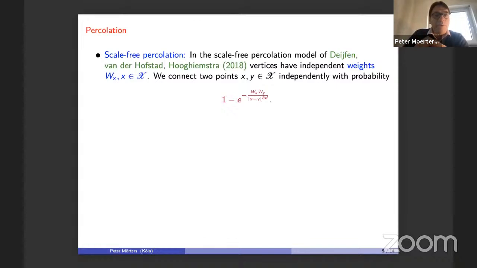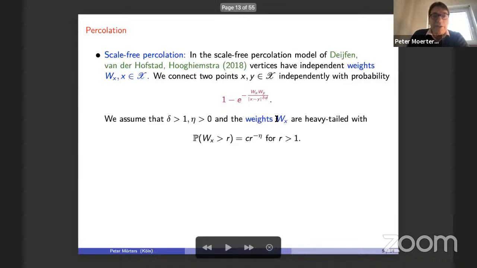So every Poisson point has a weight W_x independently sampled from some distribution, and we connect two points x and y independently with probability 1 minus e to the minus... In the case of the long-range percolation model, we had just a constant over distance to the delta d, and now we have the product of the two weights divided by the distance to the power delta d. And this makes a big difference if the weights are heavy-tailed too.